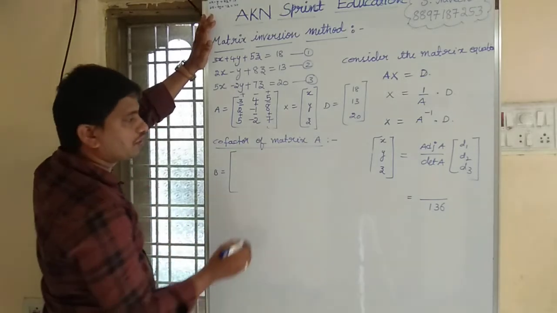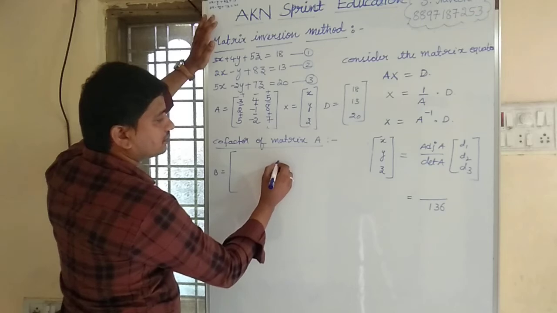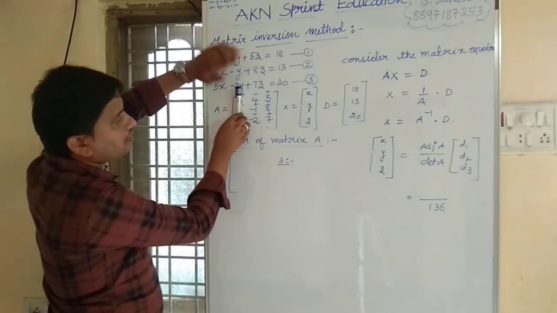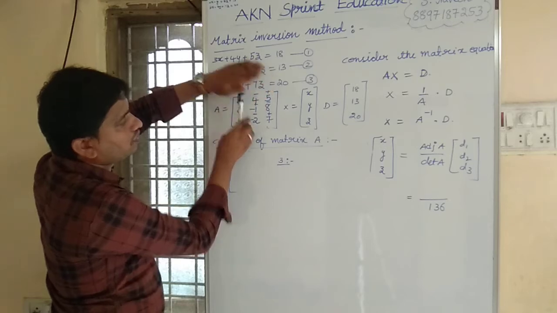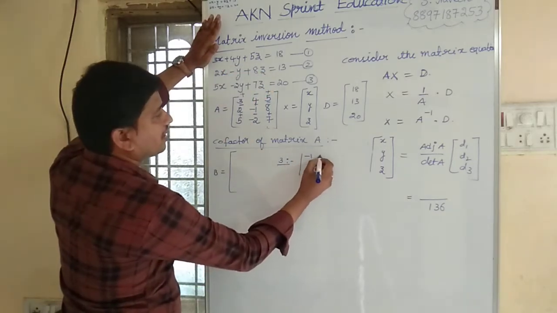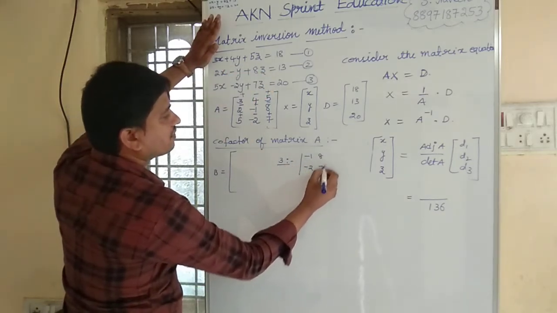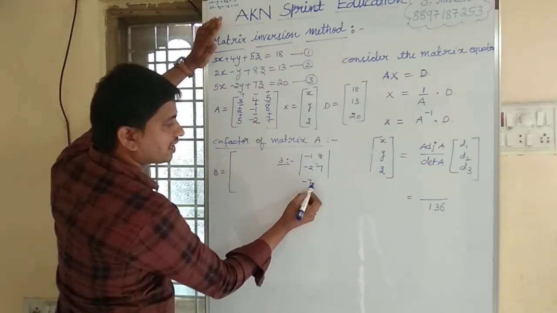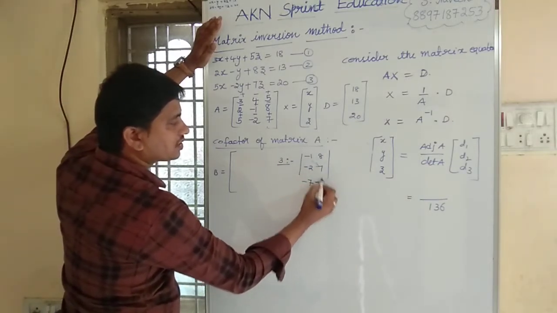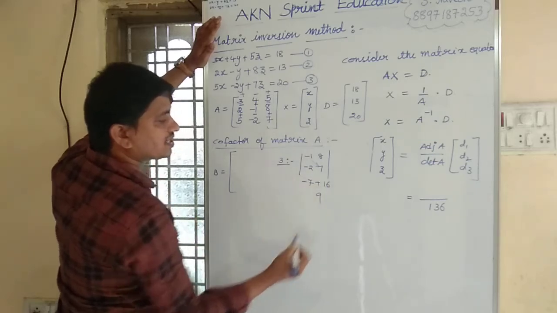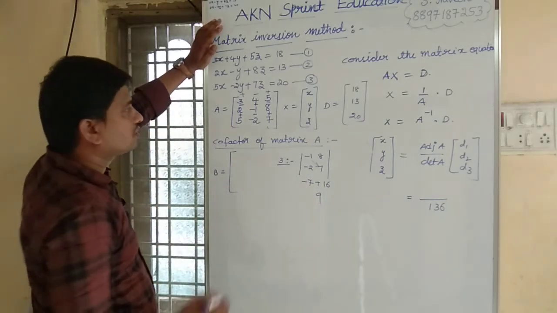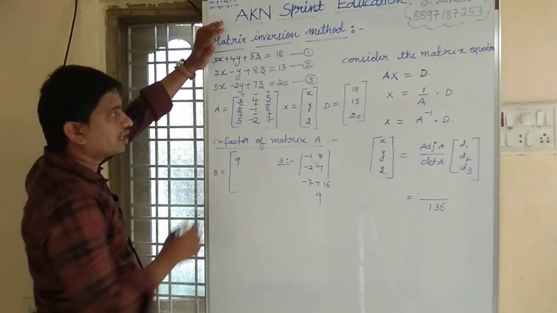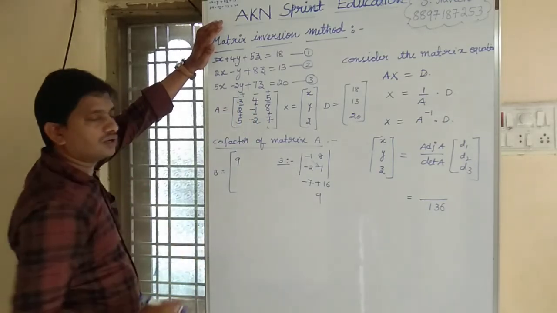See, if you want to find the cofactor of 3, what to do, children? That corresponding column, corresponding row you remove. We got minus 1 8, minus 2 7, minus 1 into 7, minus into minus plus 2 8 is 16. So 16 minus 7, how much, children? 9. So what is the cofactor of 3? That is 9. Okay, actually the sign is plus, so 9 only.